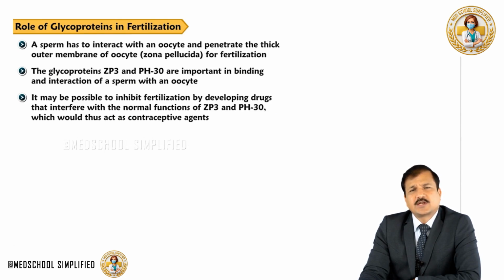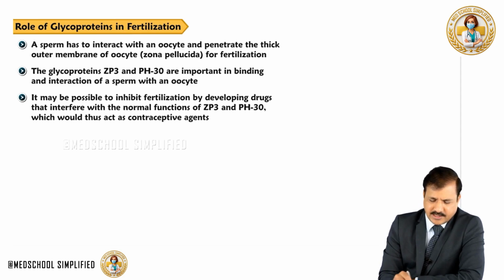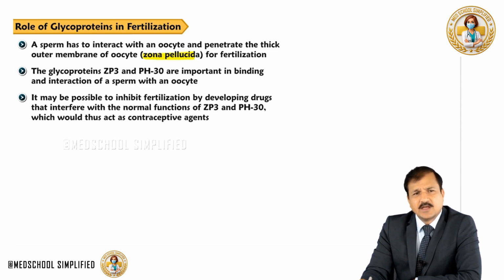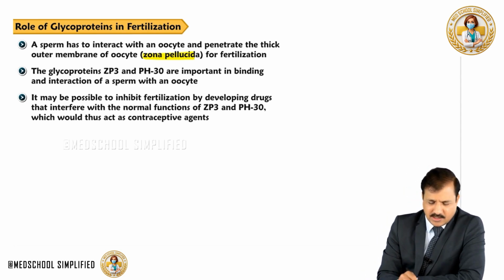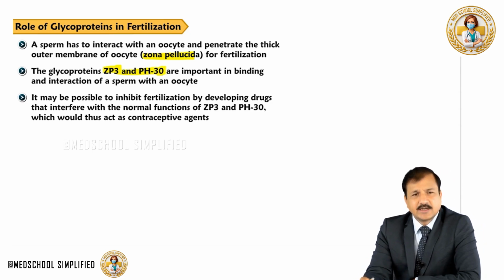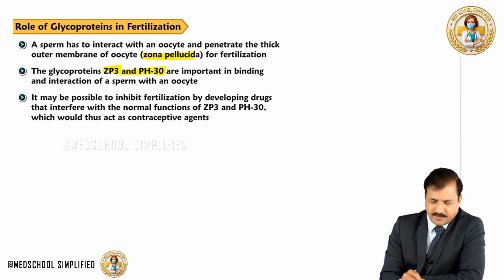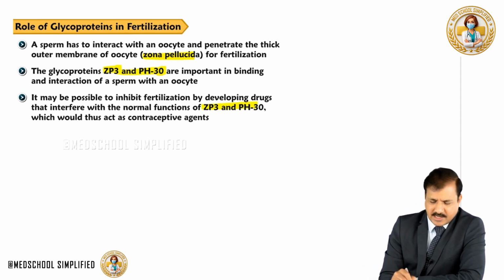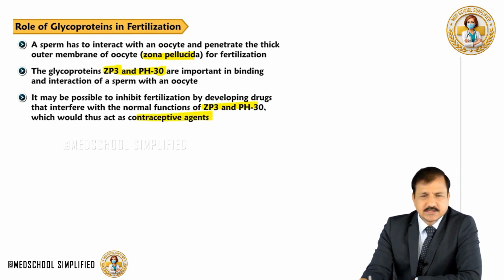A sperm has to interact with the oocyte and penetrate the thick outer membrane of the oocyte, which is called the zona pellucida, for fertilization to happen. The glycoproteins ZP3 and PH30 are important in binding and interaction of sperm with an oocyte, and it may be possible to inhibit fertilization by developing drugs that interfere with normal functions of ZP3 and PH30, which would thus act as contraceptive agents.